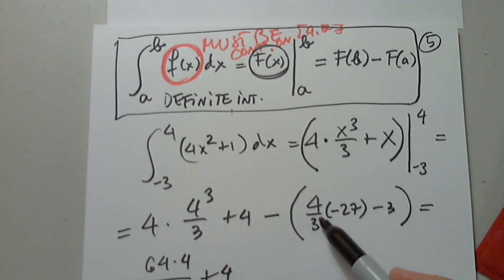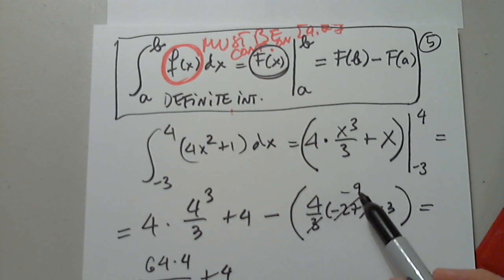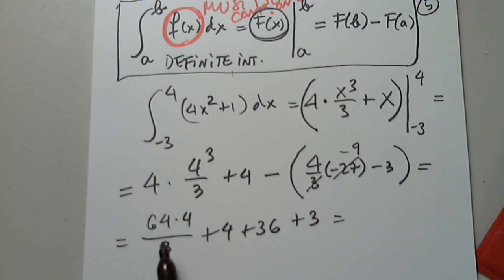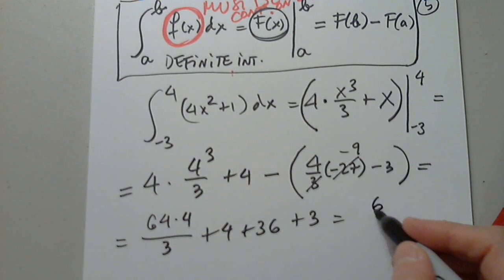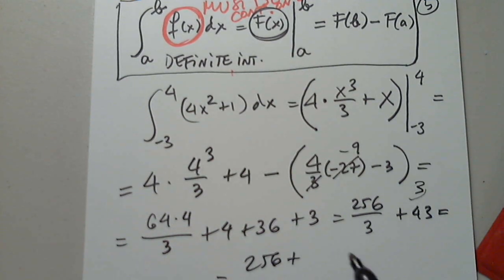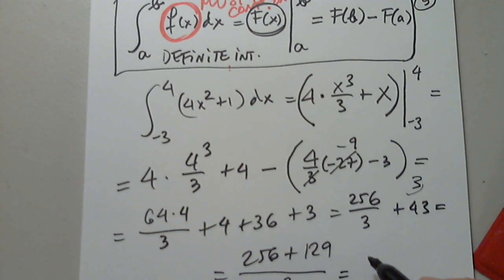Here I will simplify and I get -36 plus 36, and then plus 3. So I have 256 over 3 plus 43. And then what do I get? 256, and I multiply this by 3. So 129 over 3.